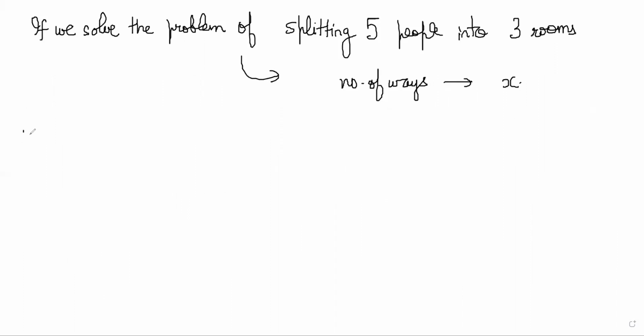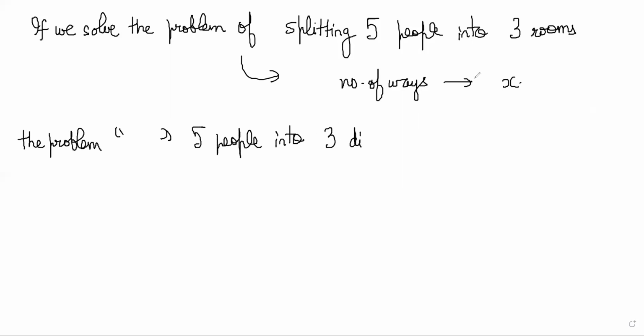Then consider the problem of splitting 5 people into 3 different rooms. These are identical rooms, non-distinguishable. And if these are 3 different rooms, which are distinguishable rooms, that will obviously be a higher number.